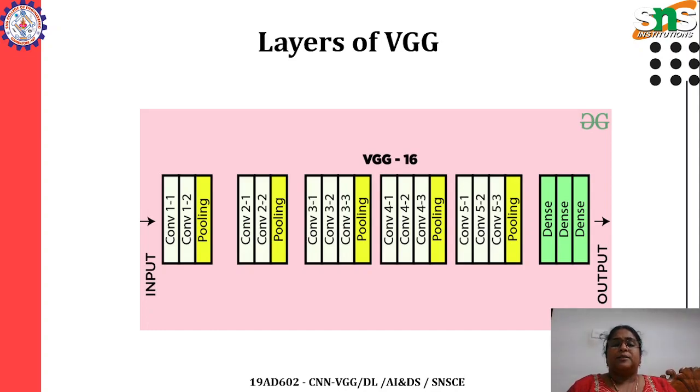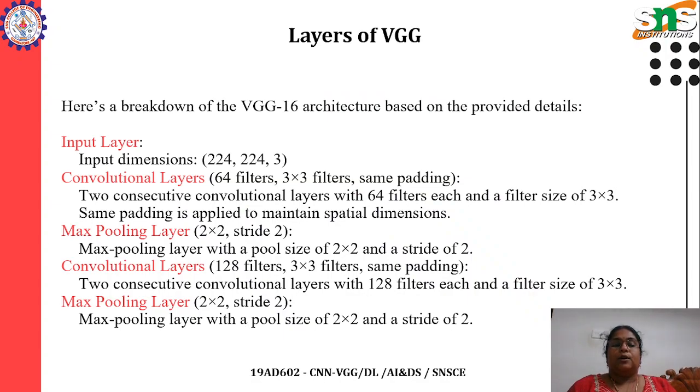So I'll be explaining about the layers of VGG. Here is the breakdown of VGG 16 architecture. It has the input layer. The input dimension is 224 into 224 into 3. Then the convolution layer.